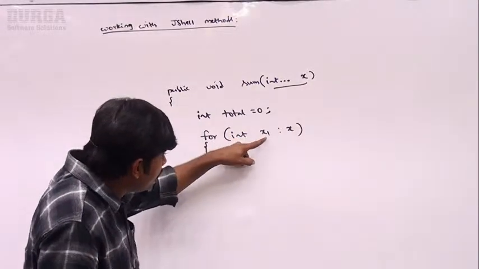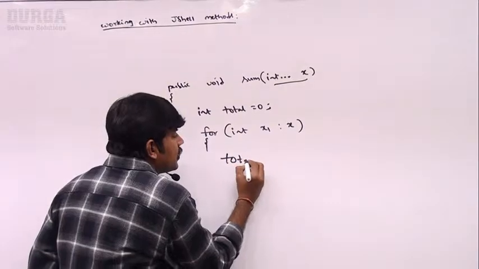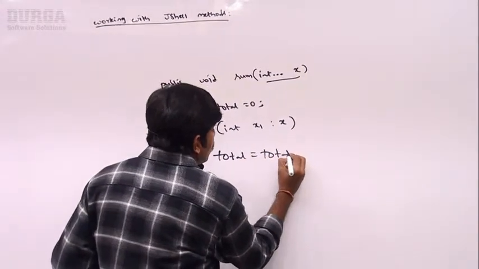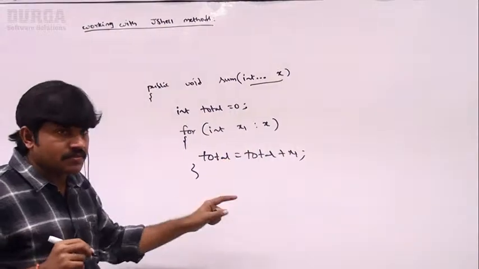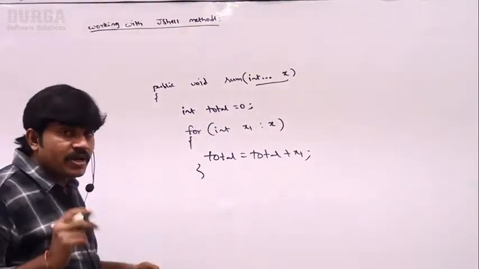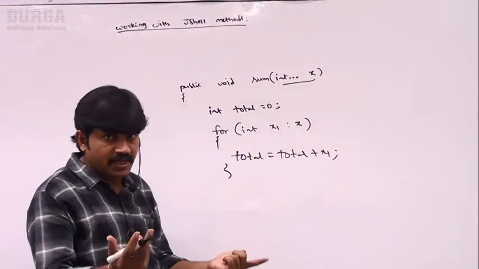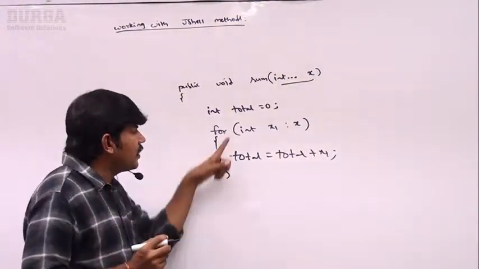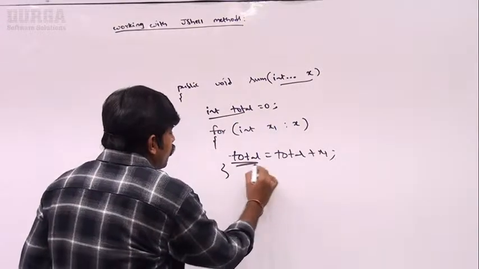For every int value present in this x, total is equal to total plus x1. This cycle by default will be repeated for every number present in x. Means for every provided number, this cycle will be repeated. Now the sum is available inside total.